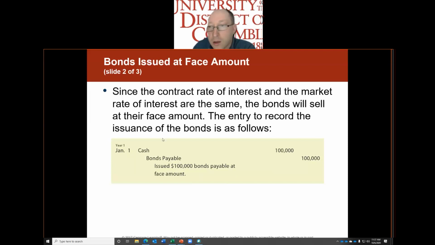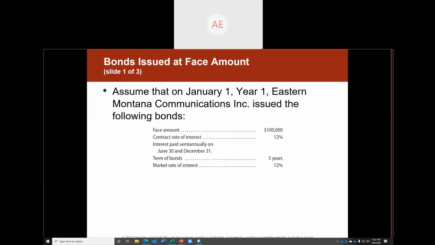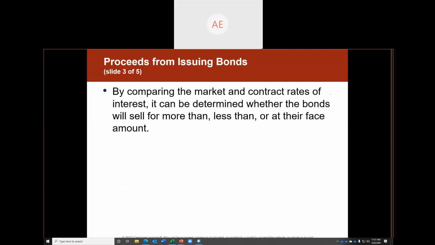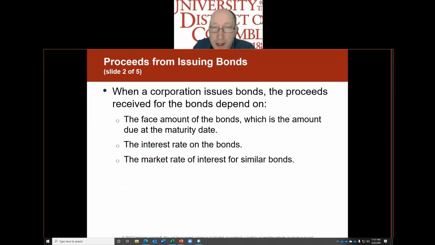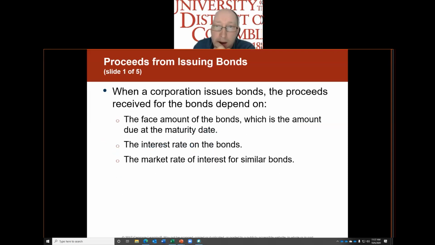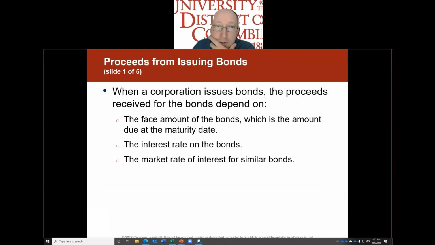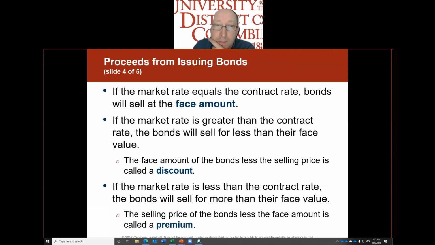Professor B, yes, Amy. Is there an exact terminology for when there is no difference? Is it just that it's a discount or premium and otherwise it's just balanced out? Yeah, pretty much. There is no true difference.